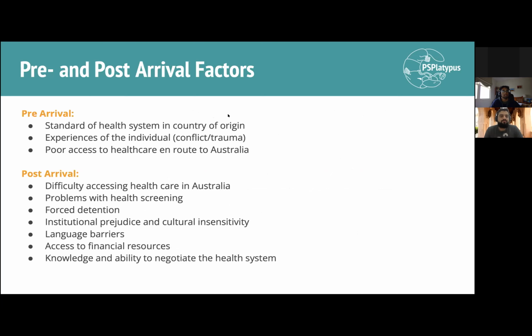We have pre and post arrival factors that might affect the health of these refugees or asylum seekers. Some of the pre-arrival factors include the standard of the health system in the country of origin, especially countries that have had civil wars, so the health system might not be able to perform that well.